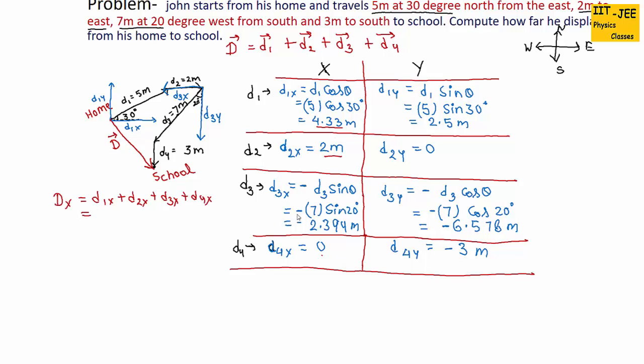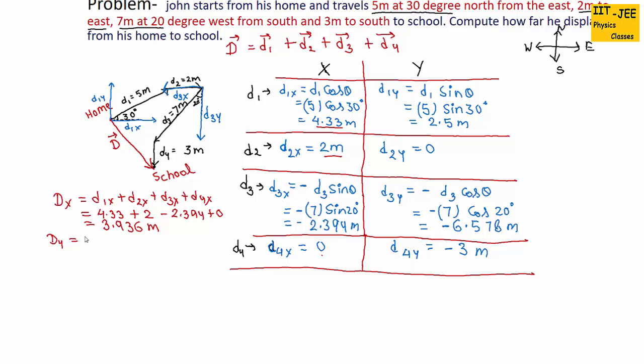We have to add all these values with sign. So 4.33 plus 2 minus 2.394 plus 0. This will give us 3.936 meters.